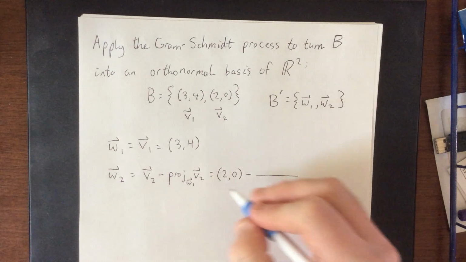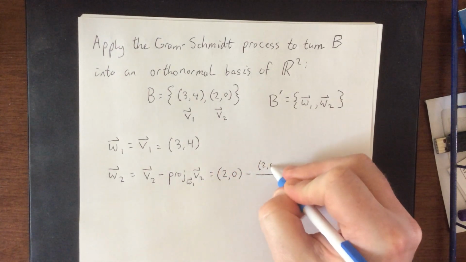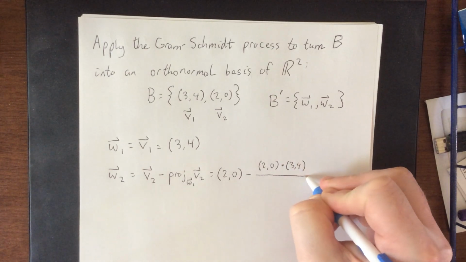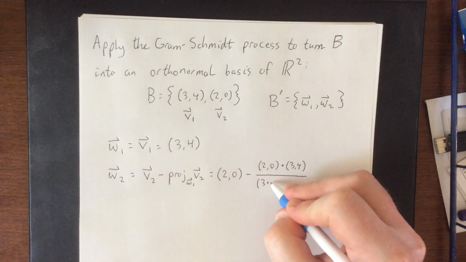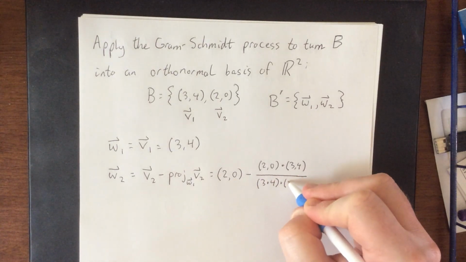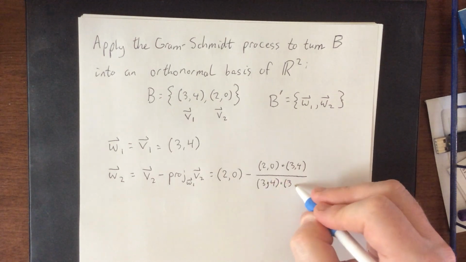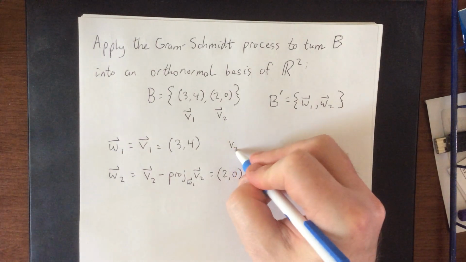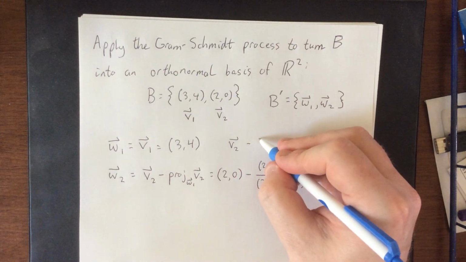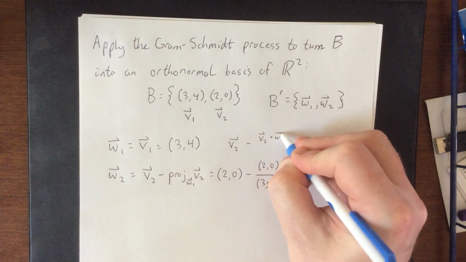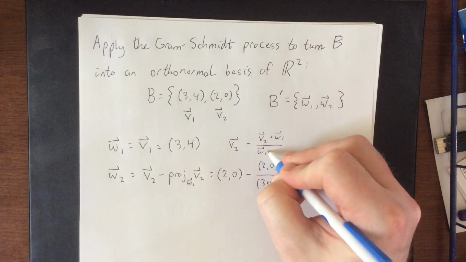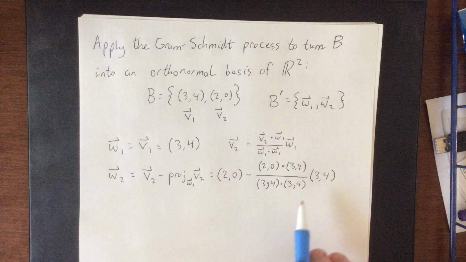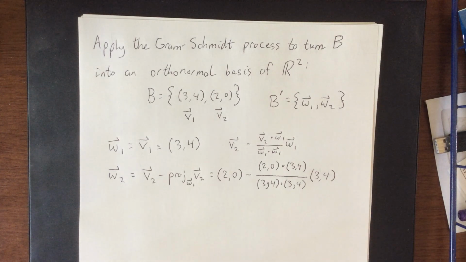The formula that we have for this is the dot product of v2 with w1, that should be a comma, not a dot, divided by the dot product of w1 with w1, multiplied by the vector w1. So this is v2 minus v2 dotted with w1 divided by w1 dotted with w1 times w1. Probably should have copied this part down first because that's the formula that we're using.